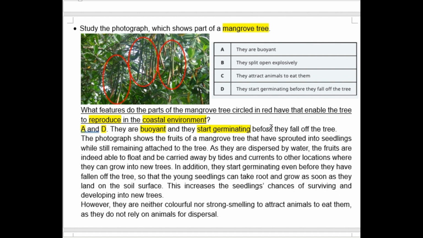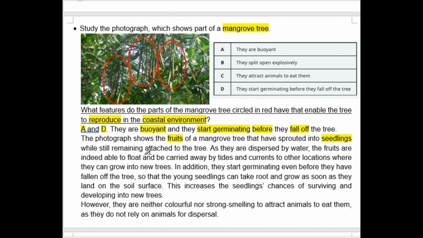The photograph shows the fruits of a mangrove tree that have sprouted into seedlings while still remaining attached to the tree. As they are dispersed by water, the fruits are indeed able to float and be carried away by tides and currents to other locations where they can grow into new trees.